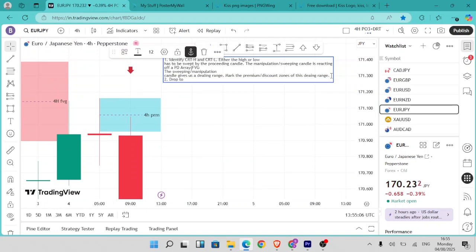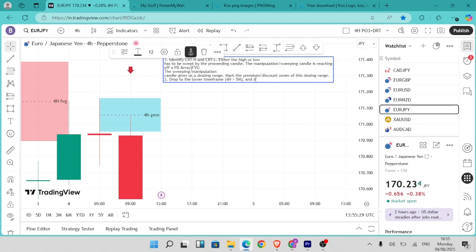Now the next step, drop to the lower time frame. In this example, I have framed the 4H time frame to the 5-minute time frame, right?